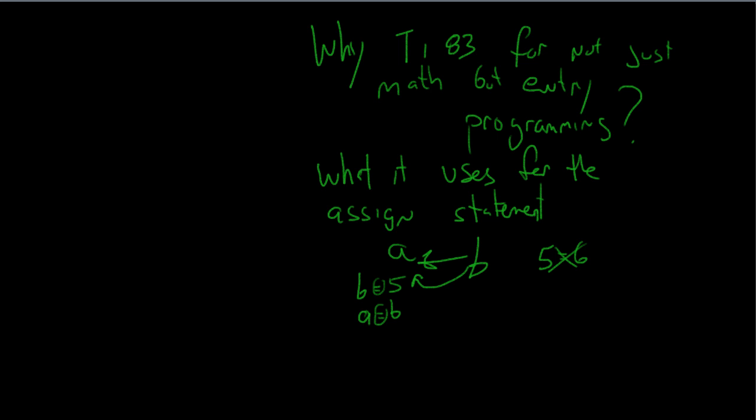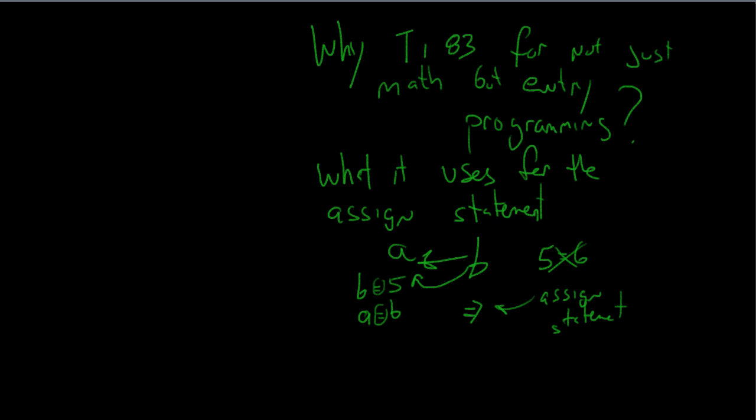So the fact that it uses a different symbol, it uses something called stow, or that symbol there, for the assign statement, is one of the reasons I think that many of us live with the TI Basic for entry level programming, even though students are out on Scratch and in Python and in JavaScript or whatever they're doing in their Legos, C++.